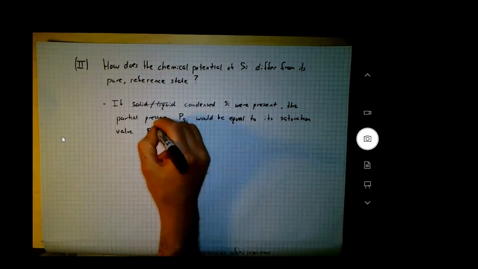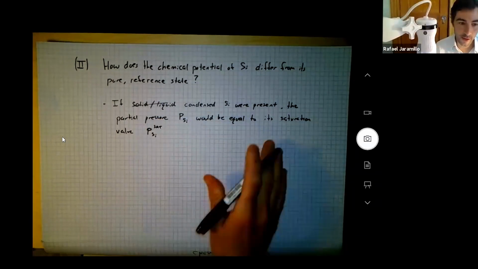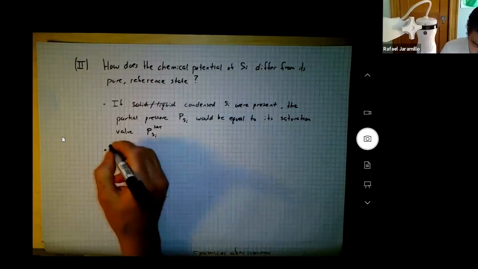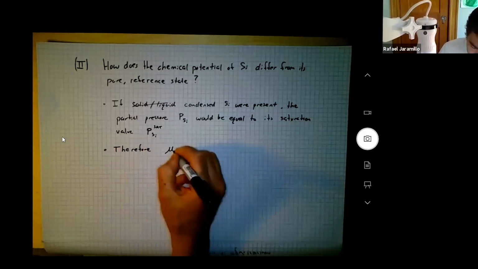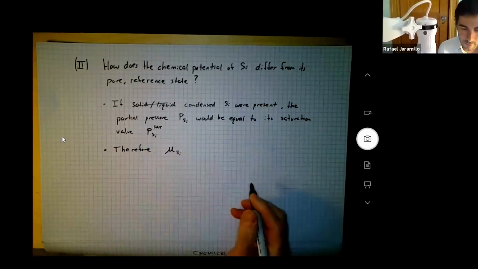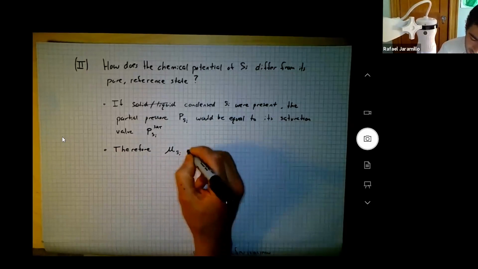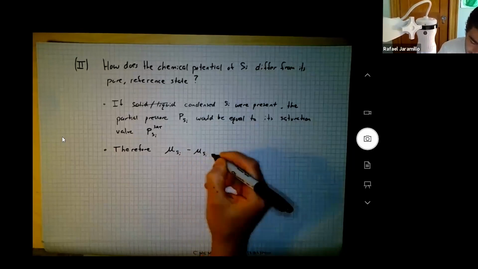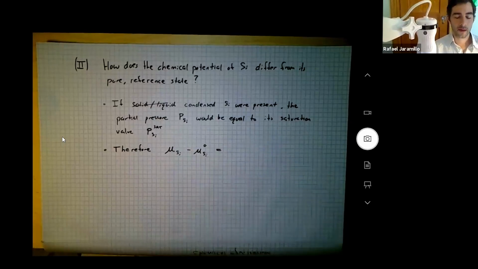Okay. So that's a hypothetical because there's no condensed silicon there, but it's a starting point. If condensed silicon, okay, therefore, the chemical potential of silicon minus the chemical potential of silicon in its reference state equals. This is a bit of an aha thing. You have to see the connection here between different parts of the semester.